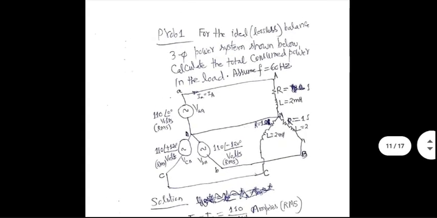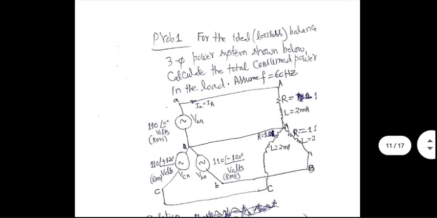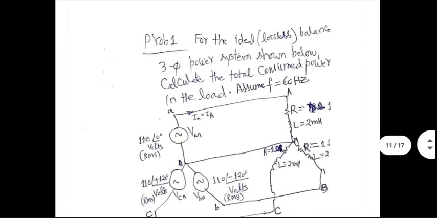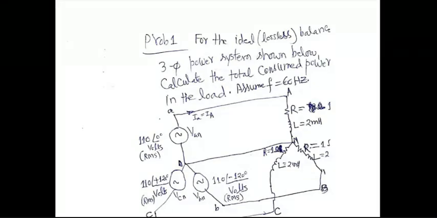Then I started looking at a numerical problem, and let me do it once again today. It's an ideal, lossless, balanced three-phase system actually. We are supposed to calculate the total consumed power in the load. F is 60 Hertz.